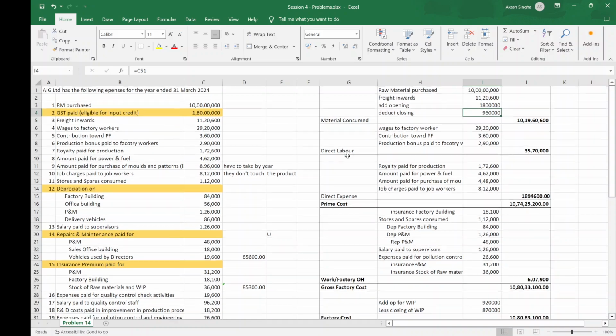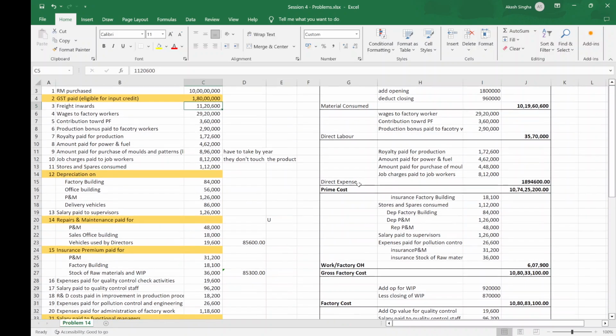For material consumed, it is raw material purchased plus opening minus closing, and freight inwards was something. So that will be material consumed. For direct labor: wages for the factory workers, contribution towards their provident fund, and production bonus. These are all direct labor.